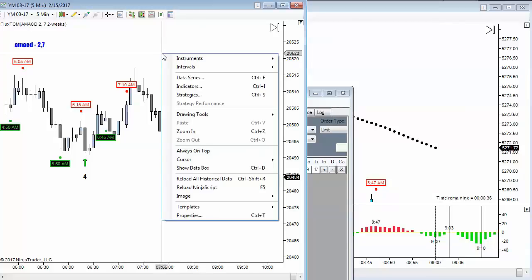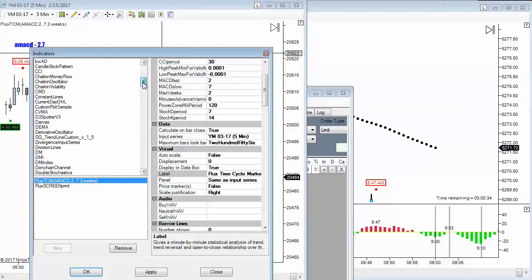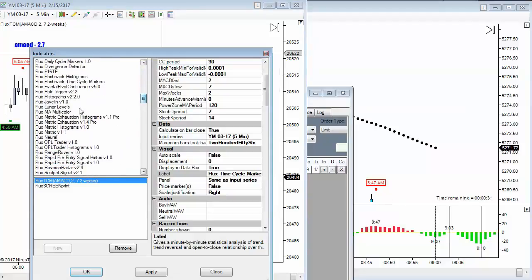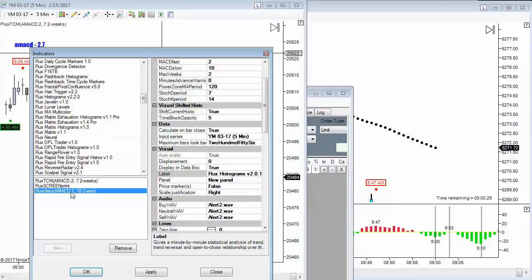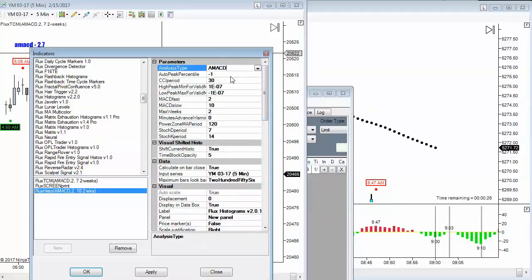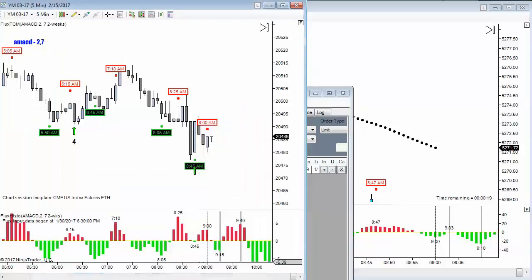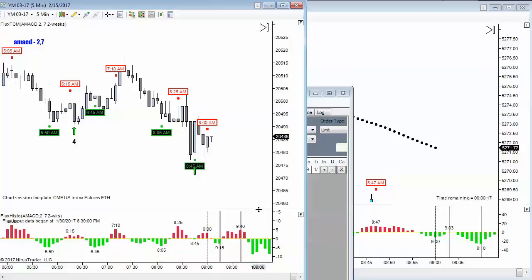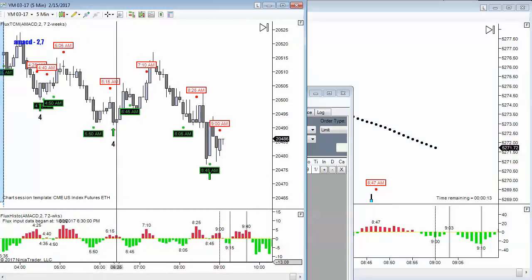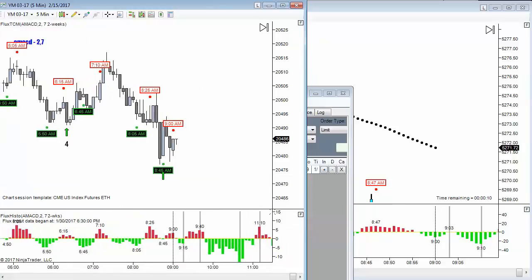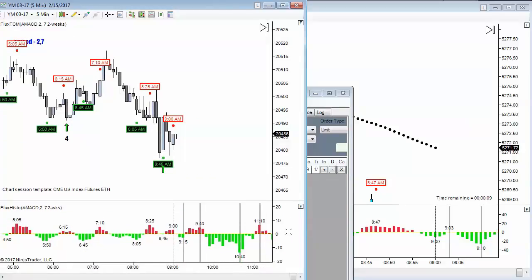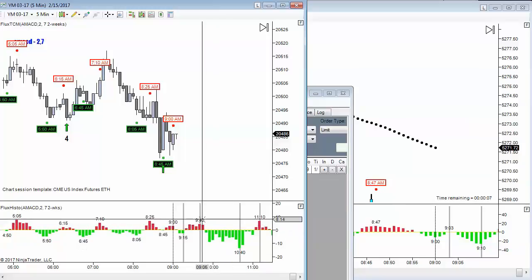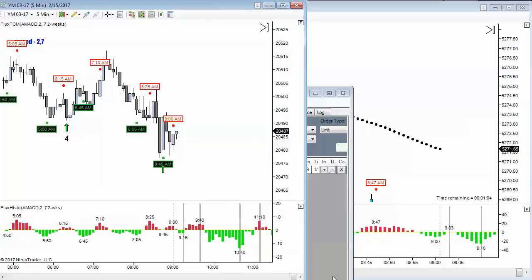And before I leave here, I'm going to put the histogram with the same settings as the MACD dot, MACD 2.7 with 2 max weeks. And so now I can see the times coming up in the future to the right. So if you're watching from home saying that was a great exercise, these are the signals coming up to the right that we'd be watching.